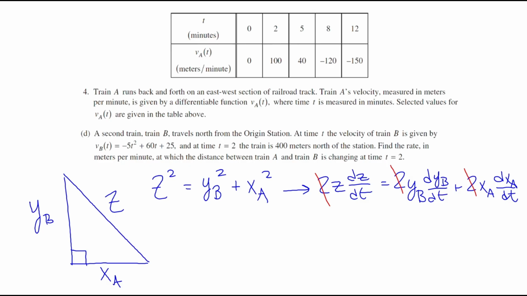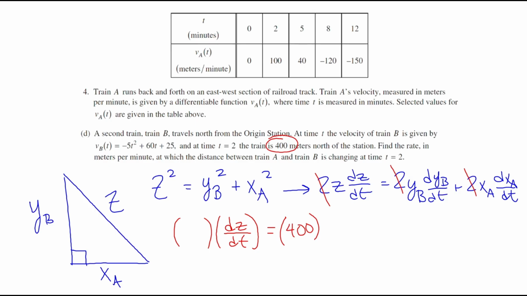So if we just plug everything we've got in here, we don't have a value for z yet. We'll figure that out in a second. We're looking for dz/dt. The value of y is just the position of that train at t equals 2, which is 400 meters north. So y is 400. dy sub b/dt is the velocity of that train at 2.